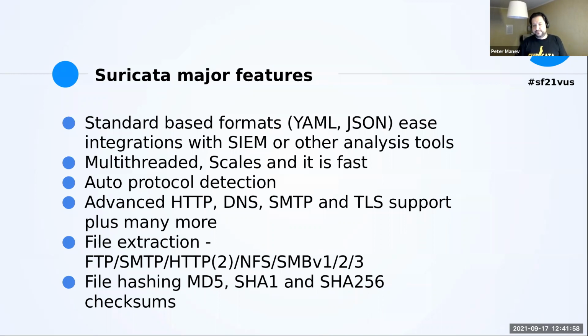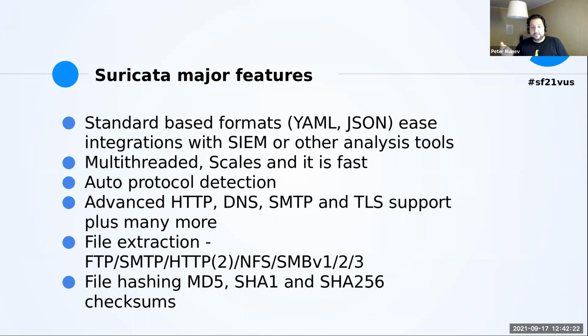It scales and it's fast. There are deployments out there for the past few years that have been on 100 gigabits and more. It has auto protocol detection, so it can automatically detect, let's say, HTTP, HTTP2, and similar things. You don't need to specify any ports or anything like that. It will do its job.